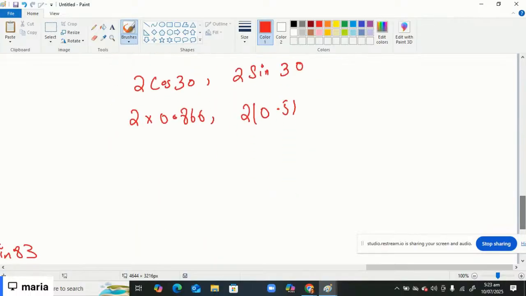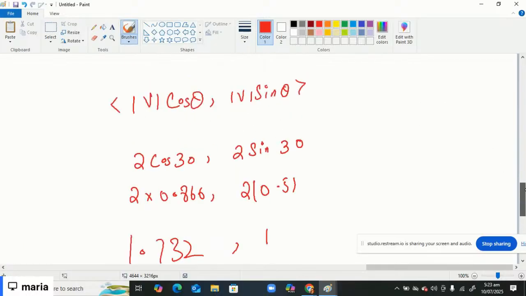Now 0.5 times 2, that is 1. And now for the next, 2 times 0.866, so this is 1.732, and there are the two values.